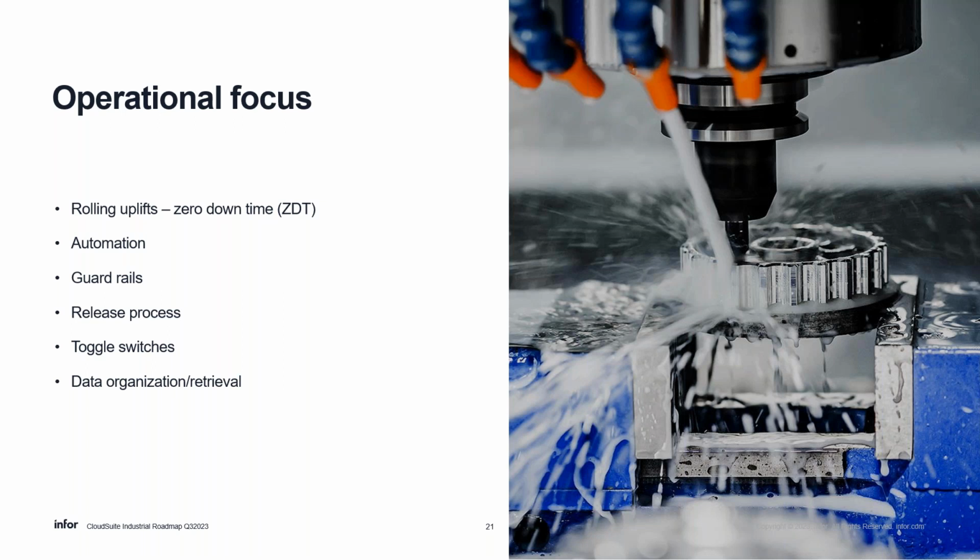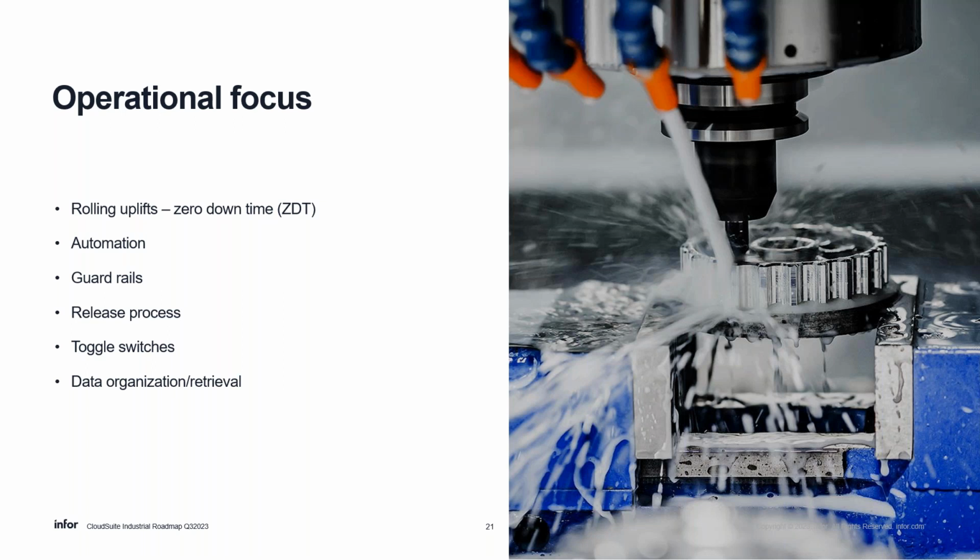Also automation. Automation is just software, and it's really key to what we are constantly doing, finding improvements for operations, not only how to improve your operations, but how we improve our operations, and this covers a lot of different areas within the solution. I mentioned the rolling uplifts, zero downtime bug fixing.